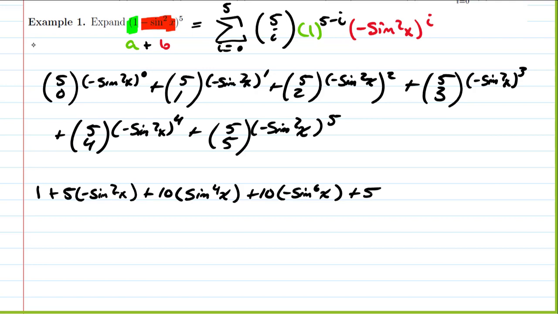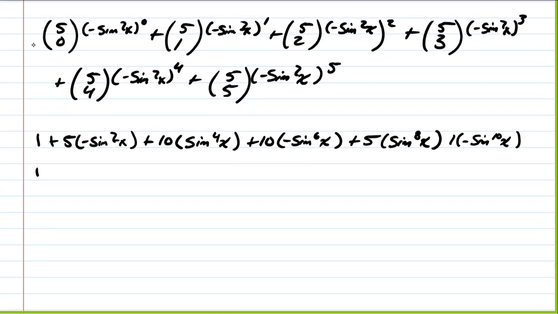And negative sine squared to the fourth is going to be a positive sine to the eighth x. 5 choose 5 is 1. And negative sine squared to the fifth is going to be negative sine to the 10th x.